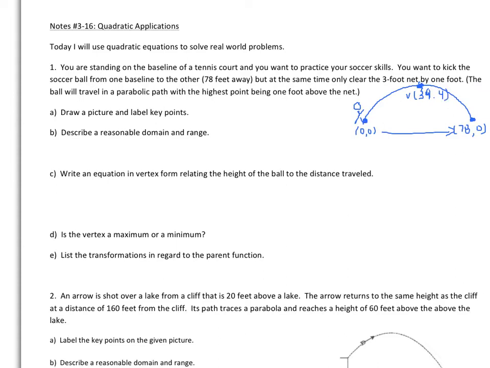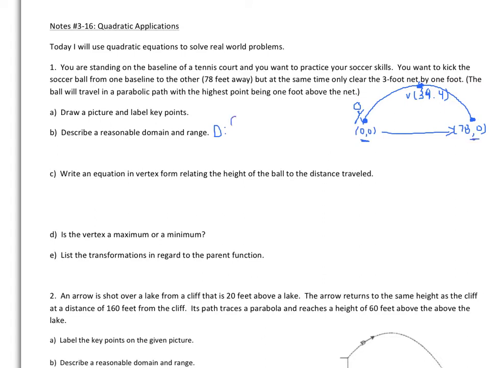Okay. Now they want us to describe a reasonable domain and range. This is important for when we type these in on our calculator, because we're going to want to see this picture on our calculator, and therefore we need the domain and the range. Well, the domain, if you remember, is from left to right. So if you look at this picture, the left side is at 0 and the right side is at 78.